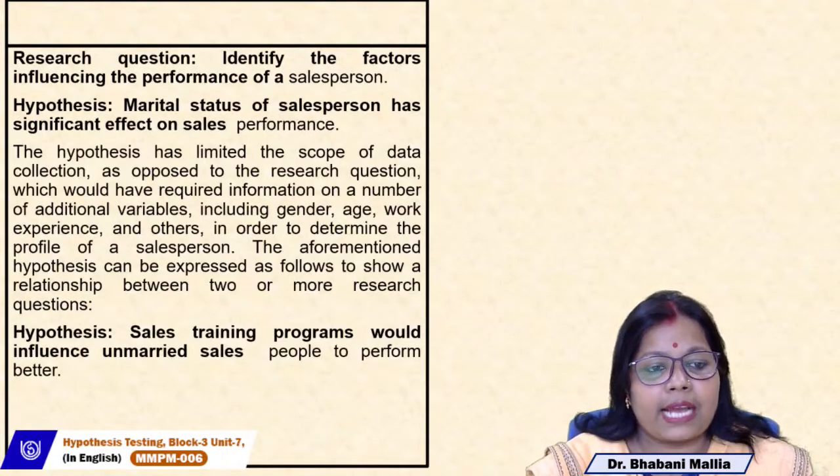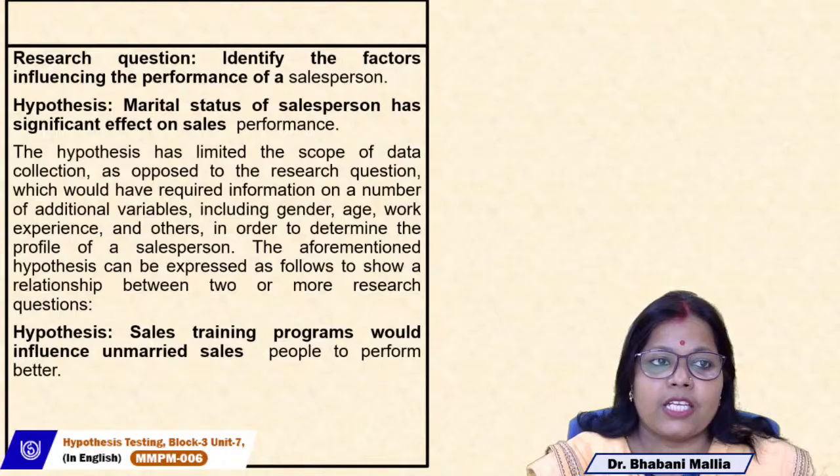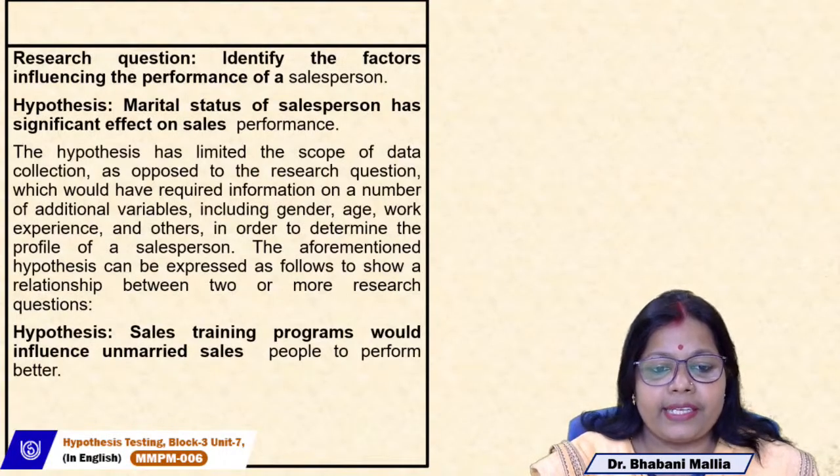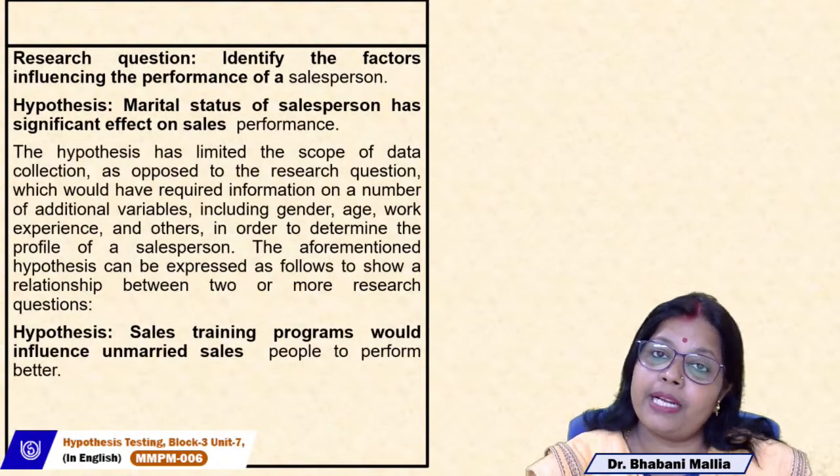So the aforementioned hypothesis can be expressed as follows to show a relationship between two or more variables. The second hypothesis is: sales training programs would influence unmarried salespeople to perform better.